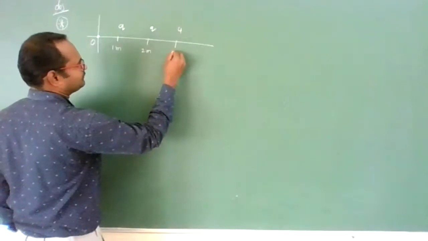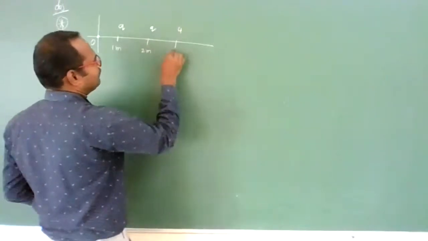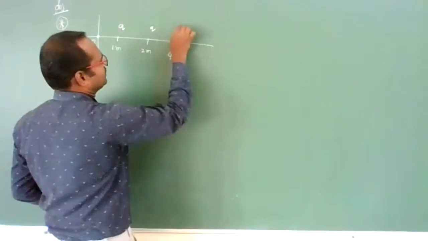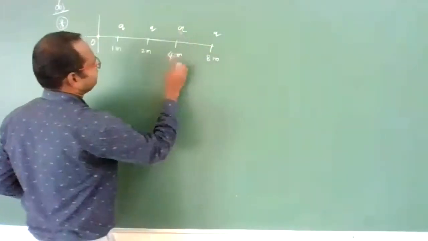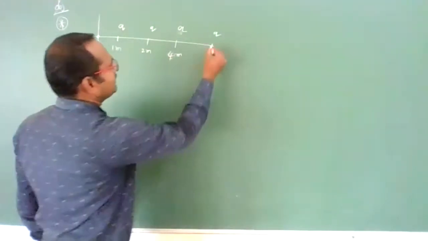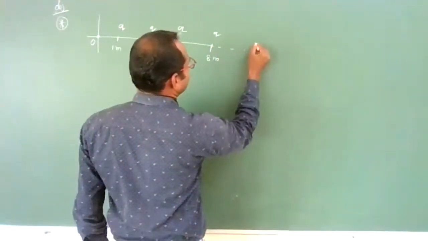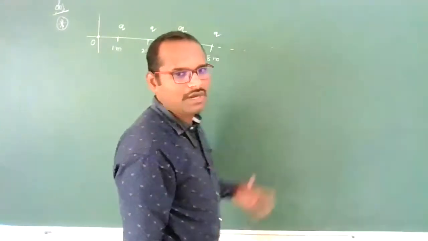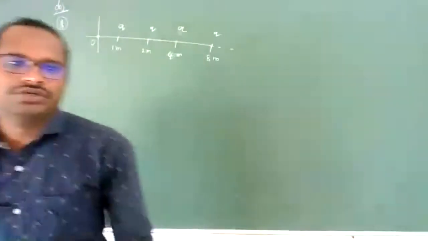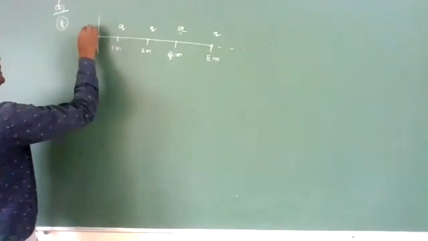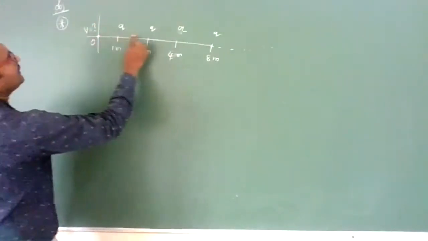Next, at 8 meter distance, one more charge. This process is continuous, up to infinity. Then my question is, what is the potential at the origin due to all these charges?